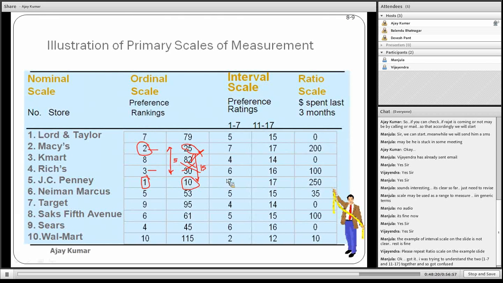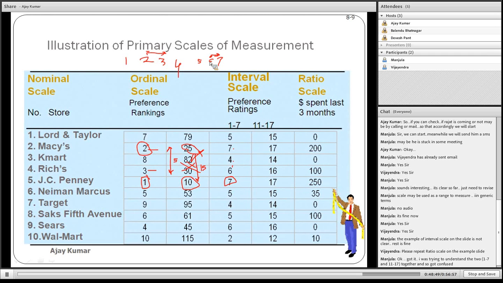But here, suppose they have given 7 to 10, that is okay. Then they would have given 6, 4, 7. So in interval scale, when you say it is 1, 2, 3, 4, 5, 6 and 7, that only means that the difference between 6 and 7 is equal to the difference between 2 and 3.